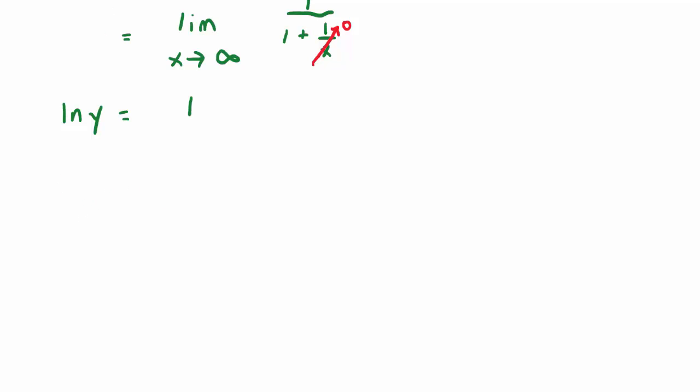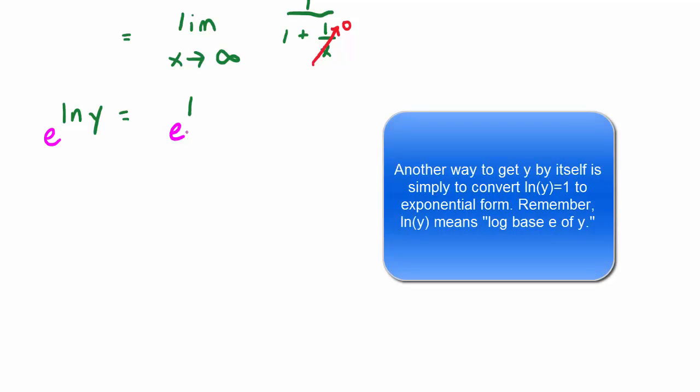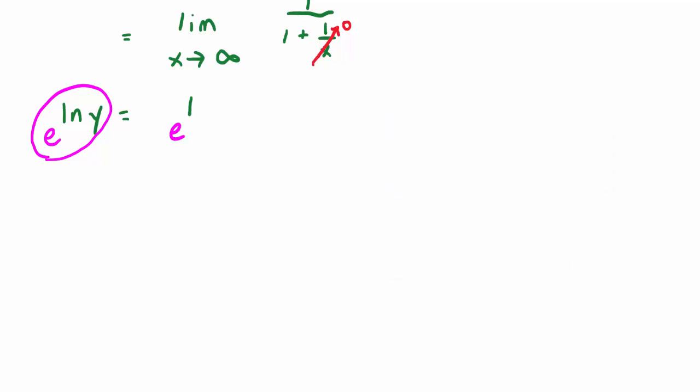Yeah, there's a couple different ways to think about it. You could think of putting both sides as the exponent of e, because if exponents are equal on the same base, it'll still be a true equation. And e and natural log are inverse functions, so the guy that falls down from this guy over here is just y.